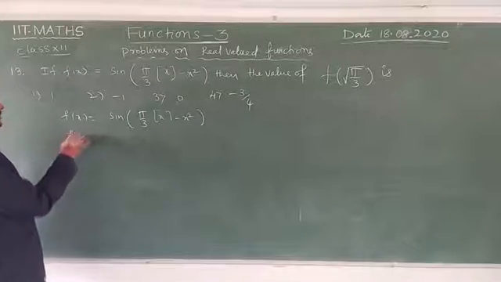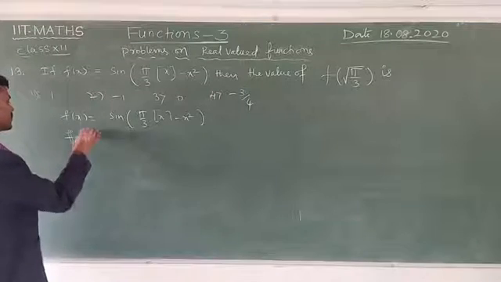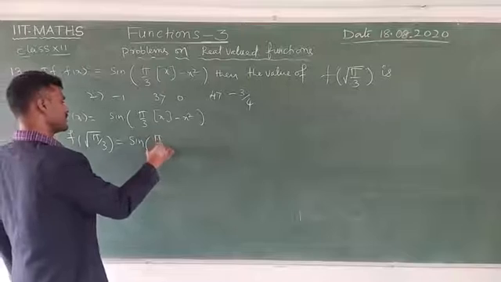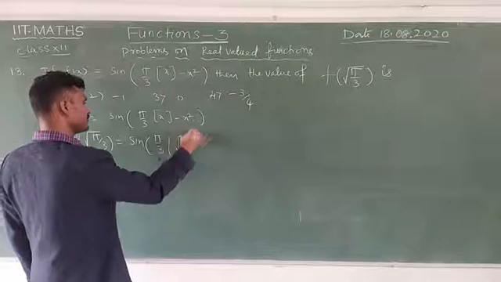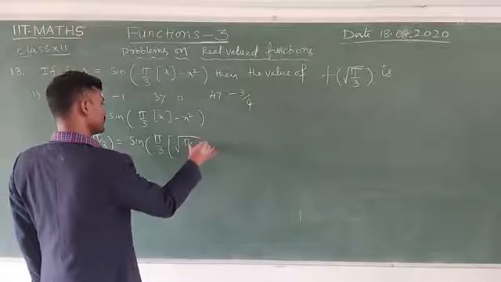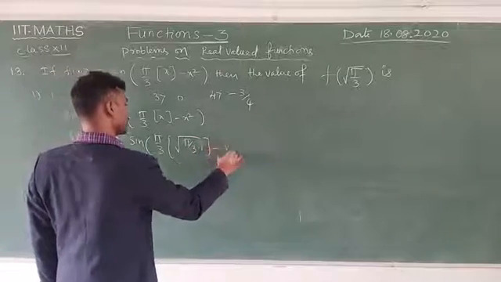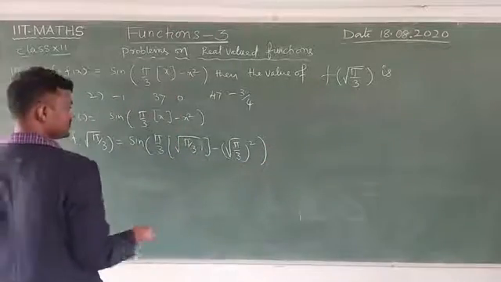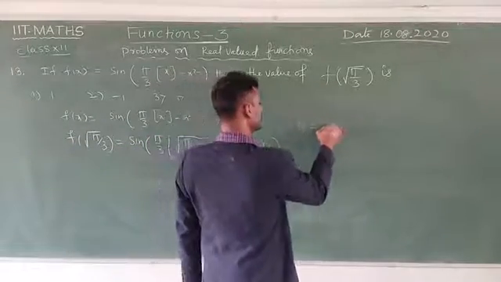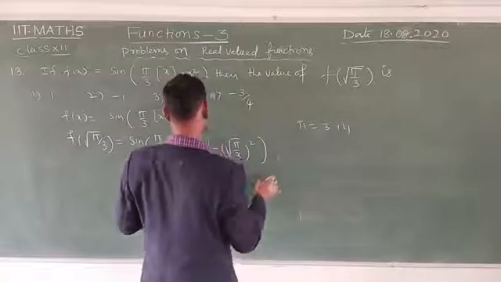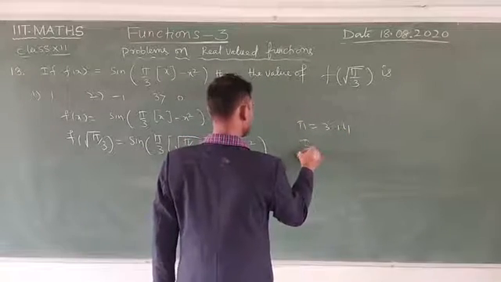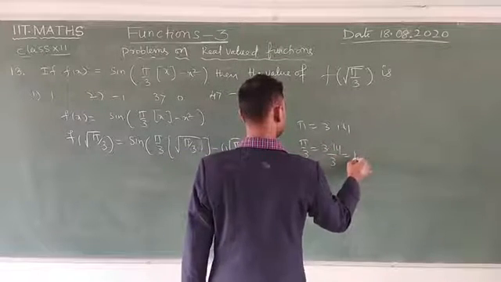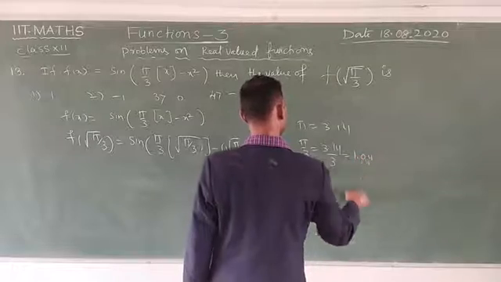See here, we have to find f of under root pi by 3. Here sine of pi by 3 into step of under root over pi by 3 minus under root over pi by 3 whole square. Now see here pi value is equal to 3.14 approximately. Now here pi by 3 means here 3.14 by 3 means here 1.3 ones are 3, here 3 fours are 12 approximately.